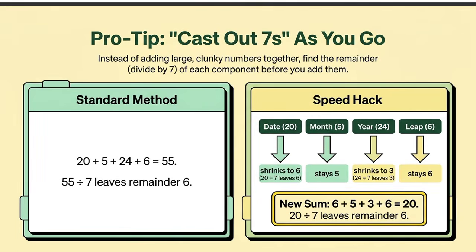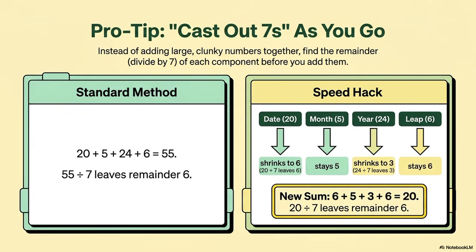So we can do this in two processes. One is the standard method: just add all the values and then divide by 7. In this example, the date is 20, month code is 5, year is 24, leap code is 6, so the total addition is 55.